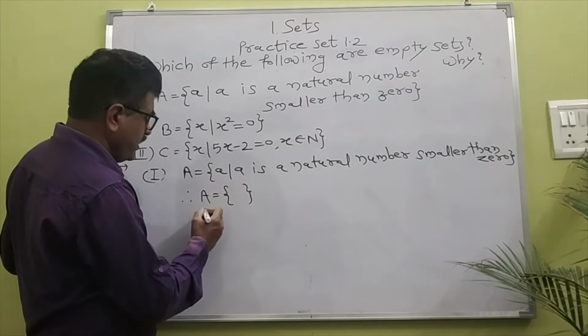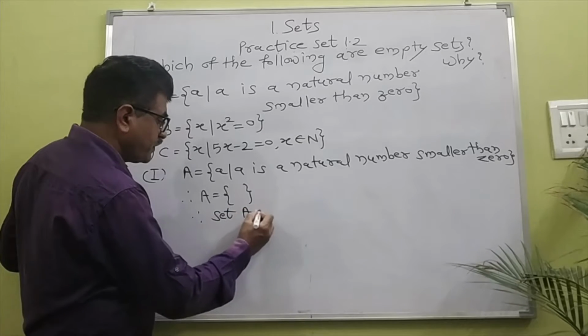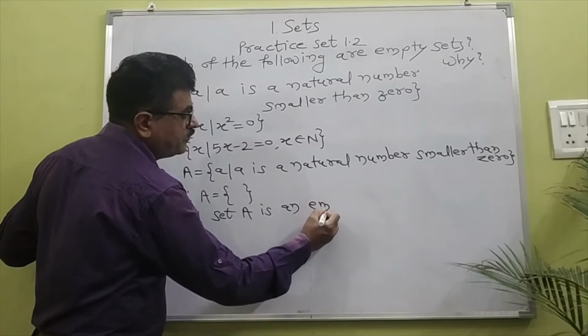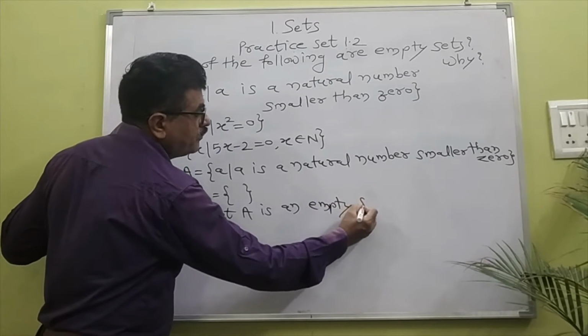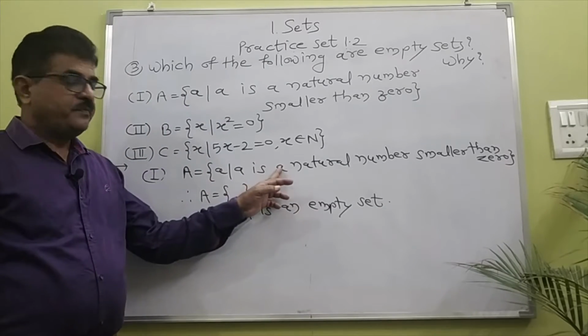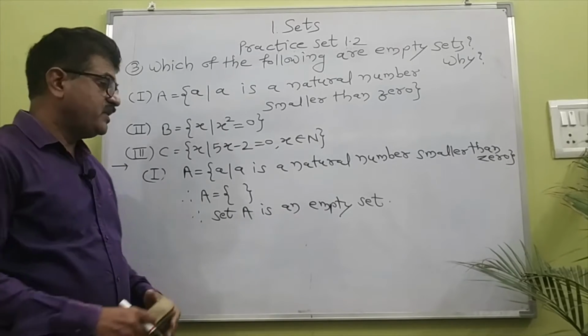Set A is an empty set. Set A मध्ये एकही एलिमेंट नाही, therefore the set is an empty set.